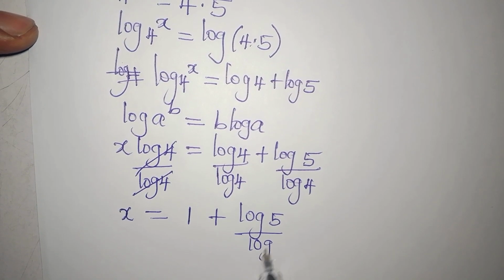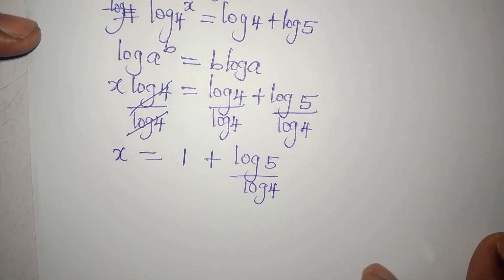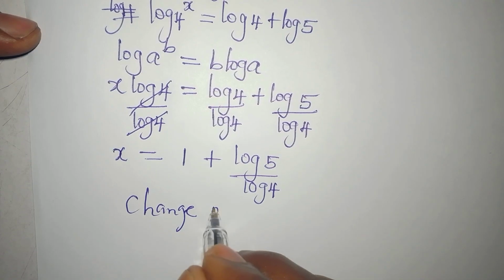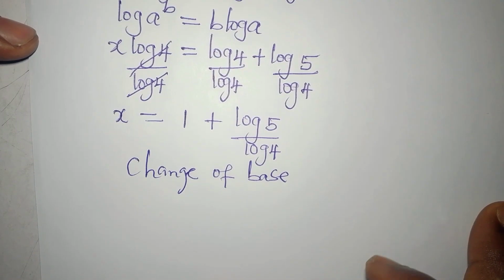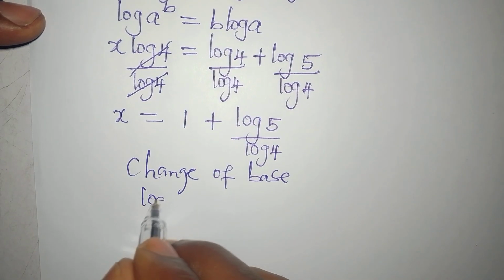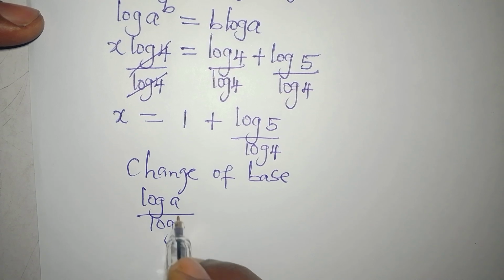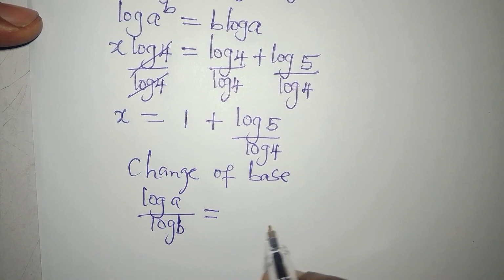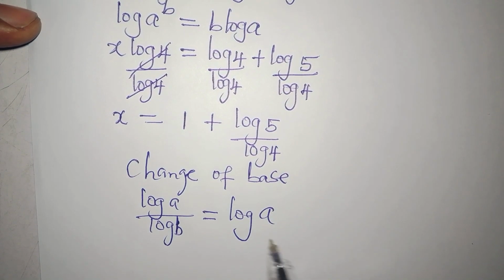And then there's what we call change of base. Imagine that you have anything like log a divided by log b. Provided they have the same base, you can change the base and get something like this: log a to base b.